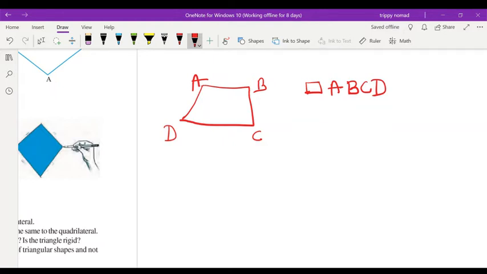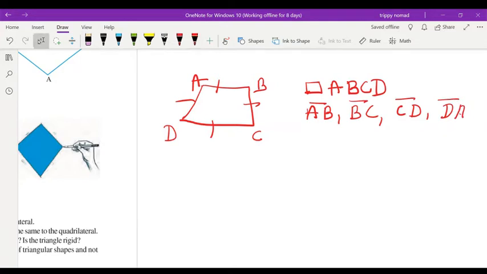First was 4. And then which 4 line segments are there? AB, BC, CD and DA. So you will write here in the answer AB, BC, put the sign of CD and DA.